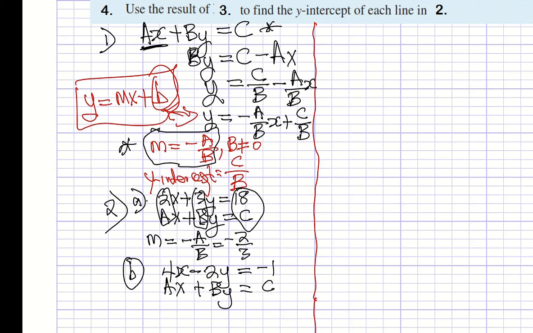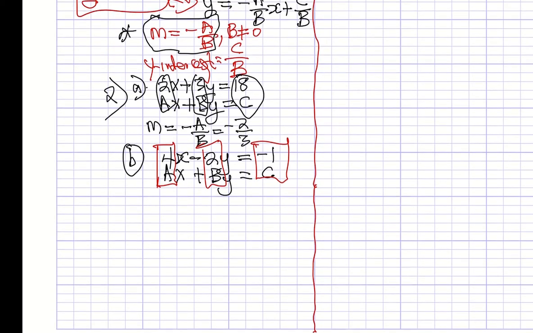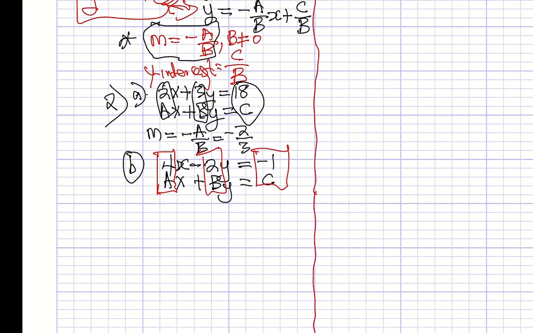Right here. Okay, you see that A is 4. Here B is minus 2. Here C is minus 1. So to get the slope right there, remember we got A over B, and then B is what?